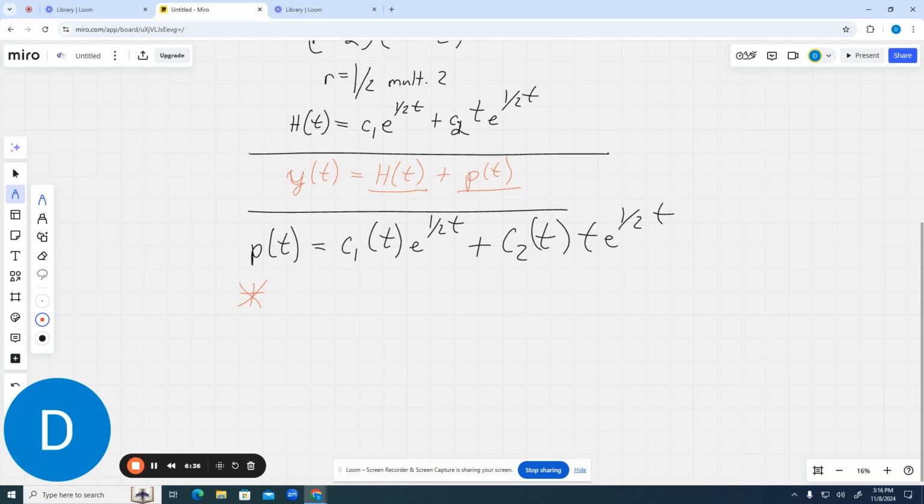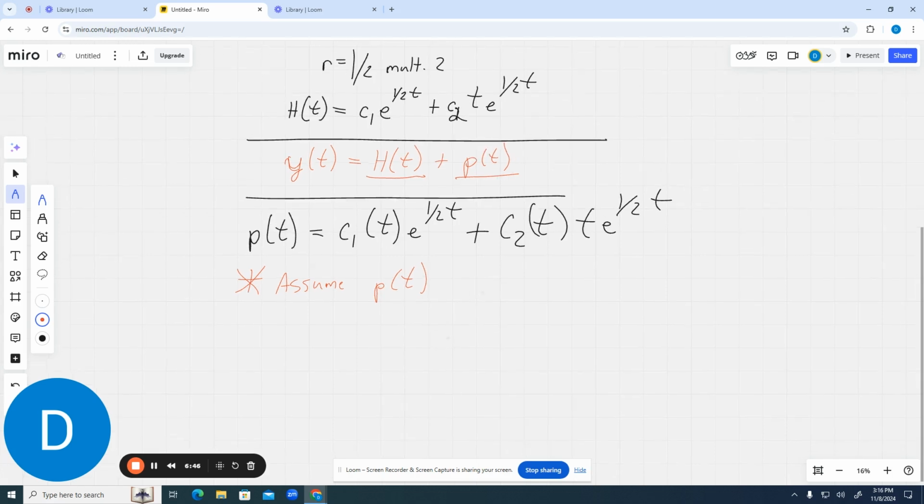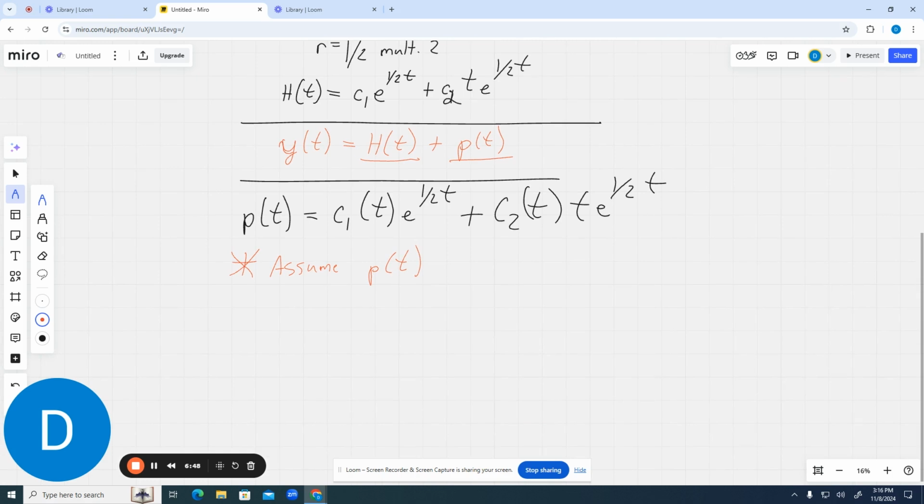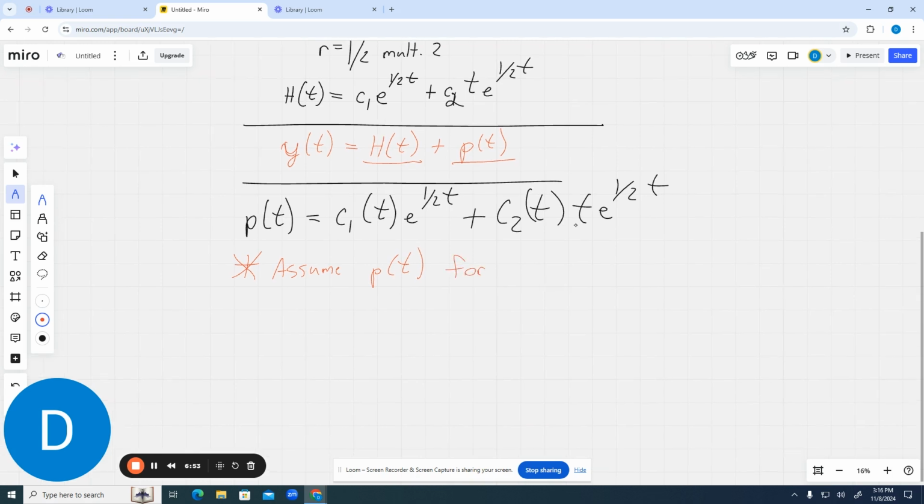Step 3 is we're going to assume p of t to form a system of equations.